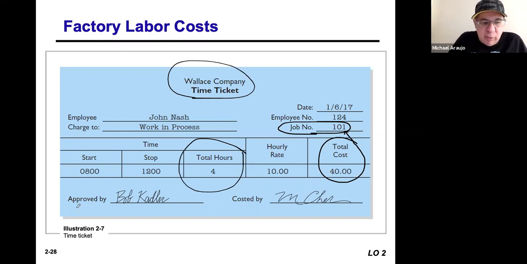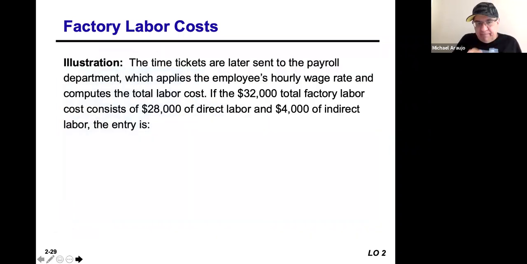Again, it needs to be approved by the manager or whoever manages the employees here or the time tickets, and it has to be costed out by usually accounting. So time tickets are sent to payroll and they sort out hourly rates and total costs, etc.